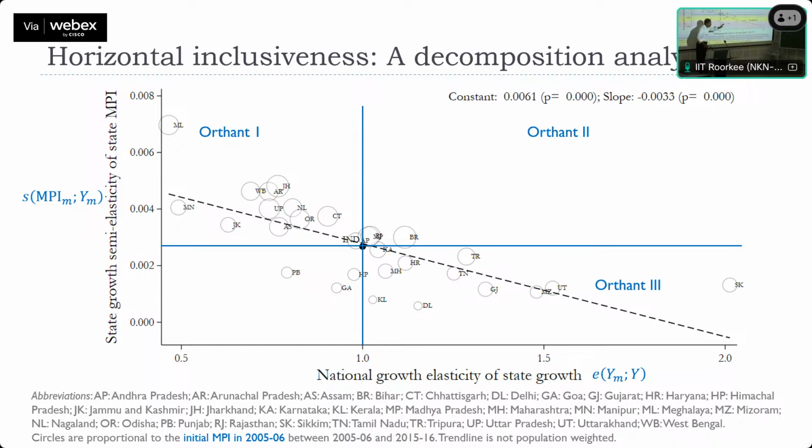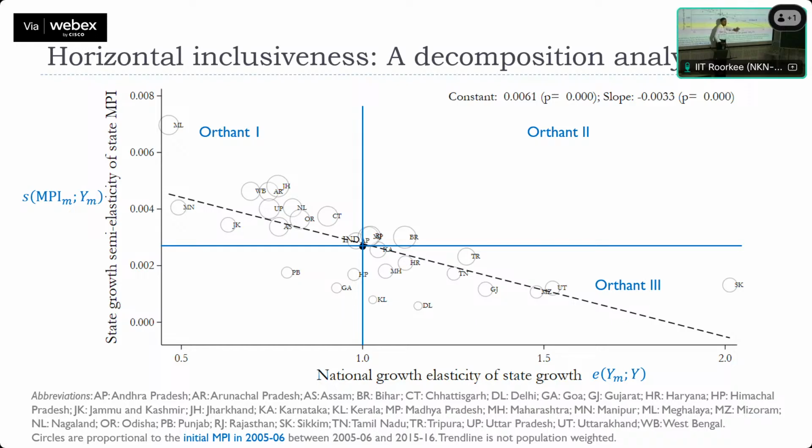How do you interpret this axis? GJ is here, so the value of GJ is say around 1.4.